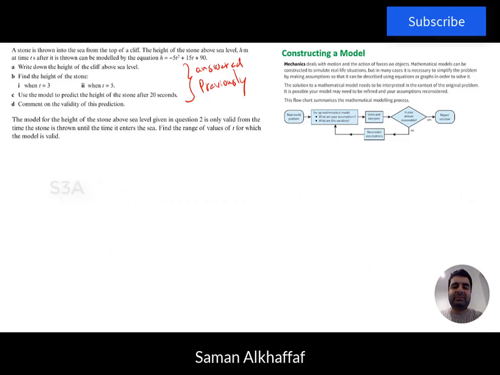We need to find that it is valid from the time the stone is thrown until the time it enters the sea, and find the range of values of t for which the model is valid. So we say when the stone enters the sea, h will equal 0.